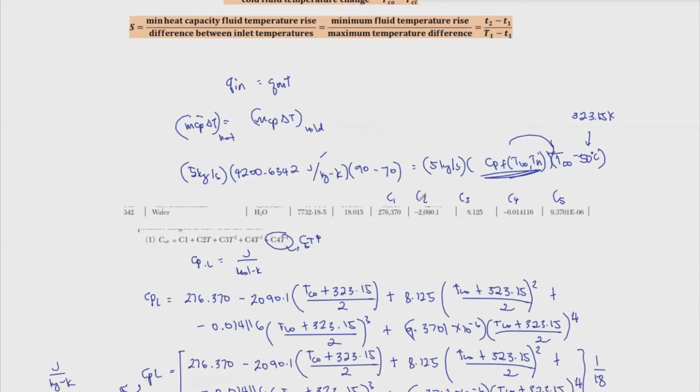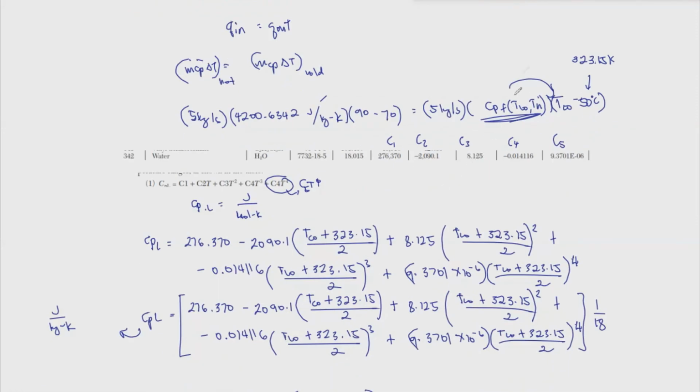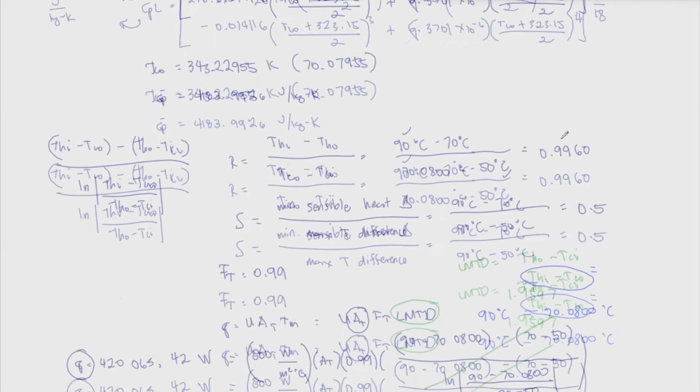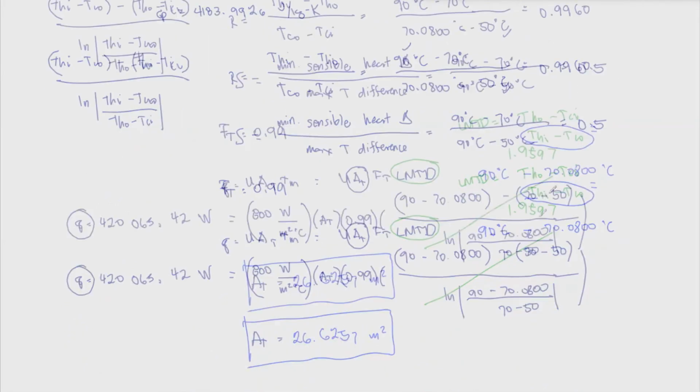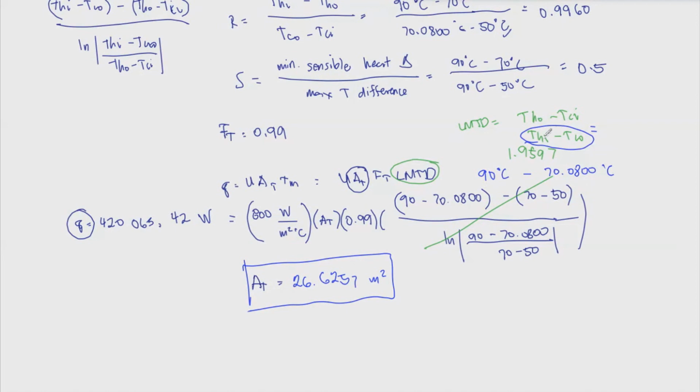But if we did, then this will simplify to a very short equation na kakancel mo yung CP as well as 5. Matitira sa'yo is 90 minus 70 equal to TCO minus 50, which gives you TCO that is equal to 70. Which makes this equal to 1, yung ating R, and then which makes our LMTD simply equal to any temperature difference between these two fluids. That's 90 minus 70 in any case, and then this will be 20.